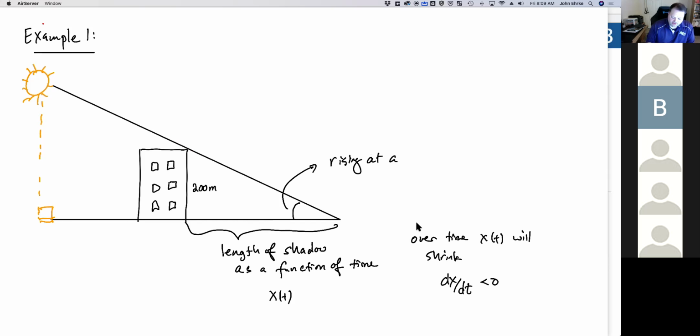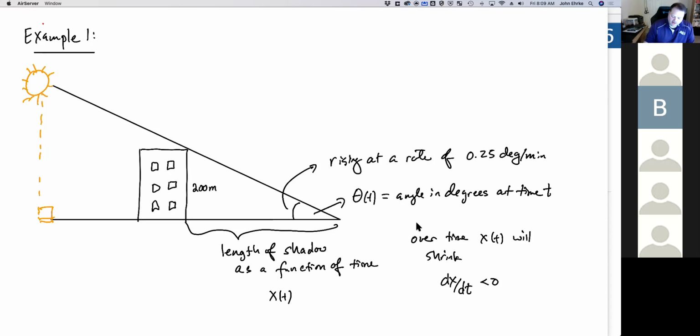I'll call this theta of t. So theta of t is the angle in degrees at time t, and it's rising at a rate of 0.25 degrees per minute.